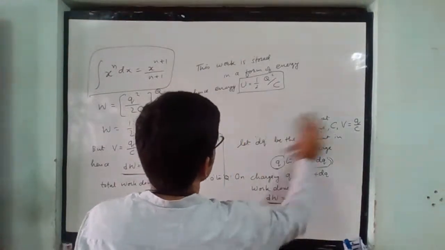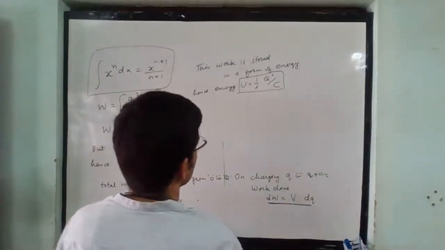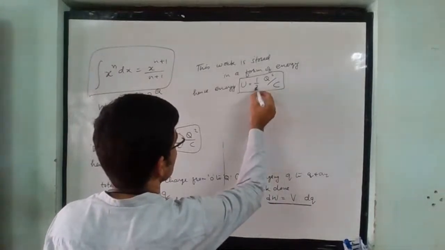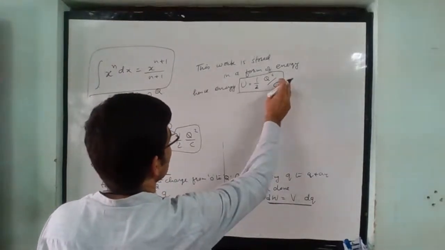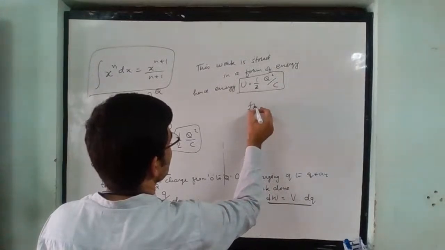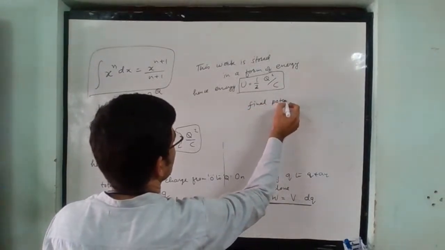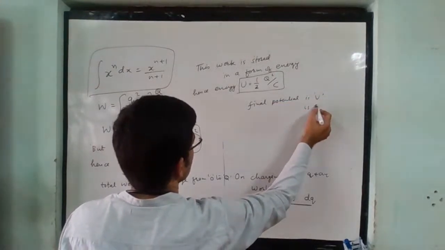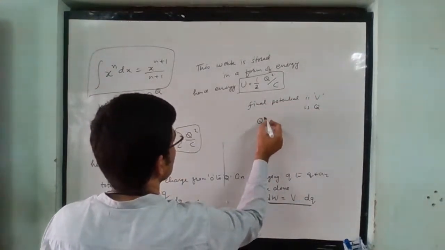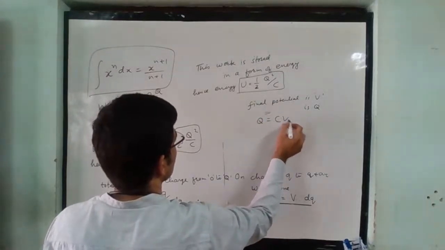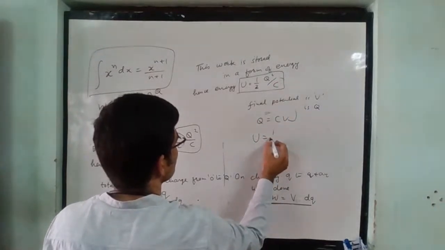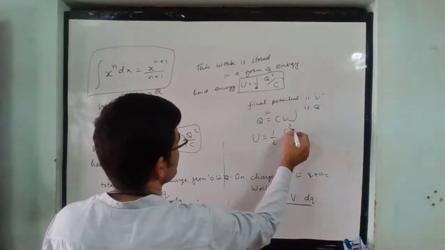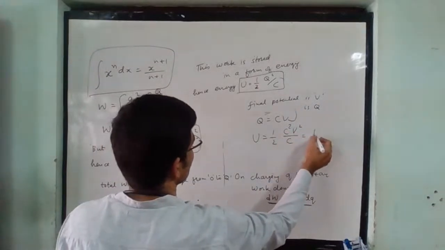Just see, you know one thing, if the final charge is capital Q, the capacity is C and the potential is V. Okay, suppose the final potential is V, and the charge is already, you know, Q. So we can write that Q is equal to CV here. When you put this value instead of Q, CV, the energy will become C square V square divided by C, what shall you get?